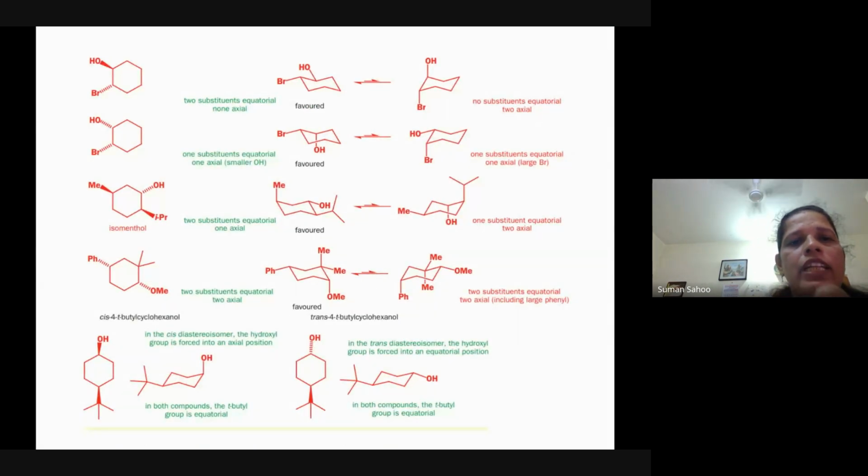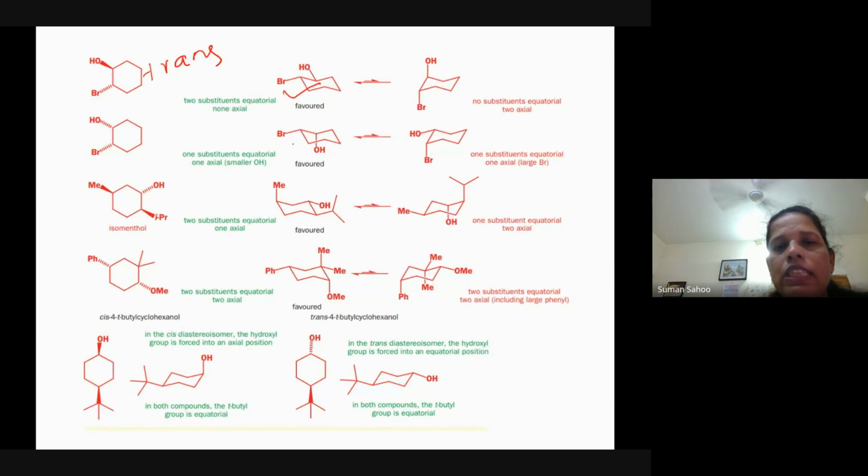When we have 1,2, in the case of 1,2, you can have either both equatorial, this one is trans, this one is trans, so both can be equatorial or both can be axial. This one is favored. When both are cis, one can be axial and one can be equatorial.